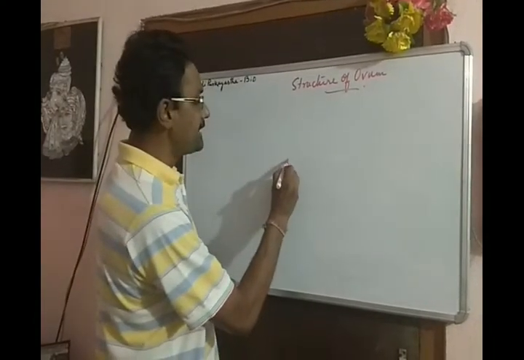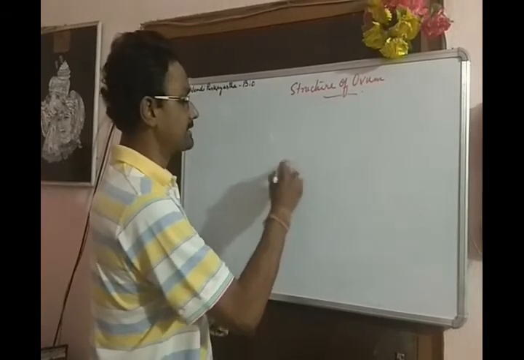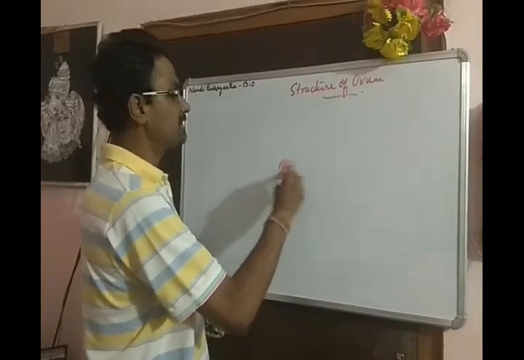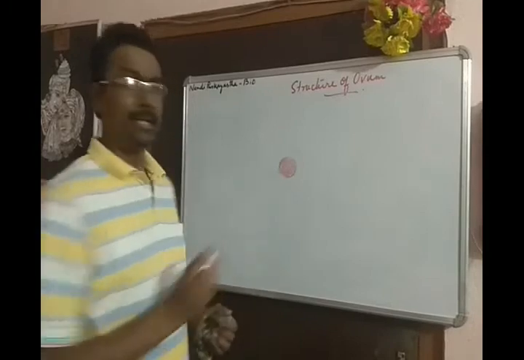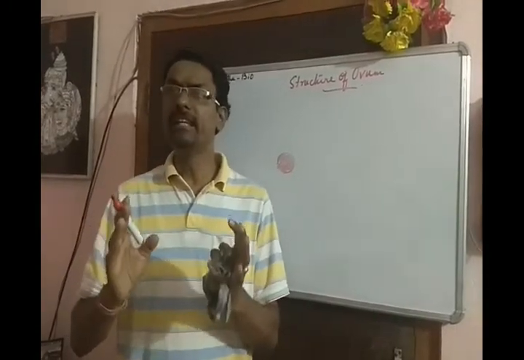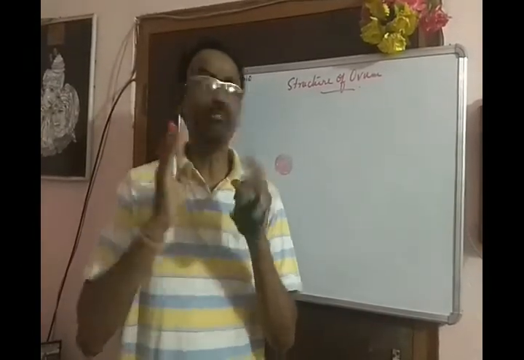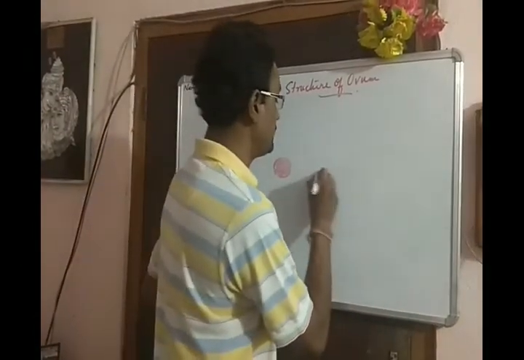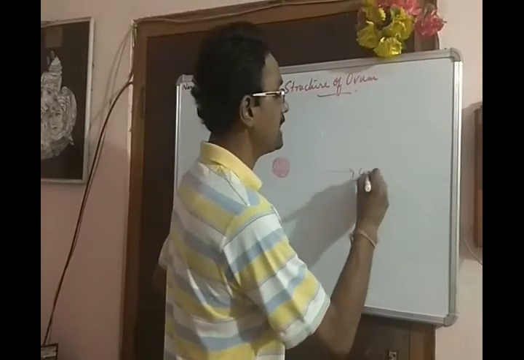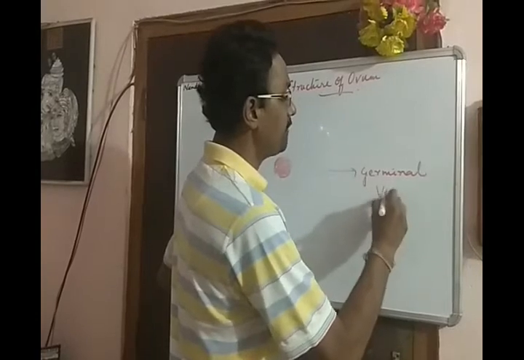The egg is having a nucleus. The nucleus is very big. Okay? Then that nucleus of it is called the germinal vesicle, G-E-R-M-I-N-A-L, germinal vesicle.